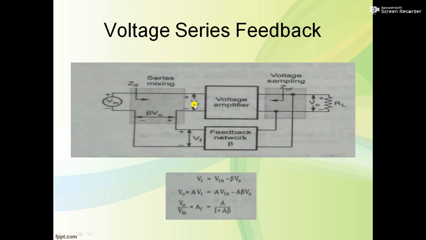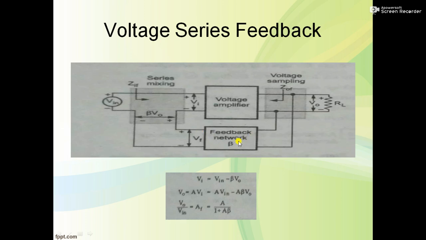Whatever the Vi is, after this series mixing, we are getting some output voltage at the output impedance with feedback, across the resistor RL. This output is sampled and fed back to the input side with the help of this feedback network beta.